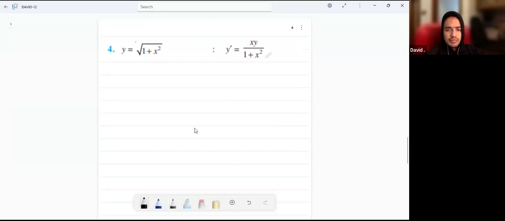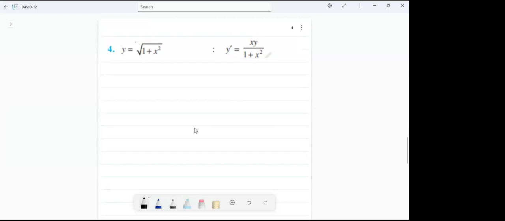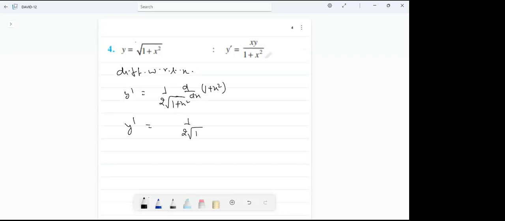So differentiating with respect to x, y dash equals the derivative of root, which is 1 over 2 root, and the derivative of 1 plus x square, as per the chain rule.